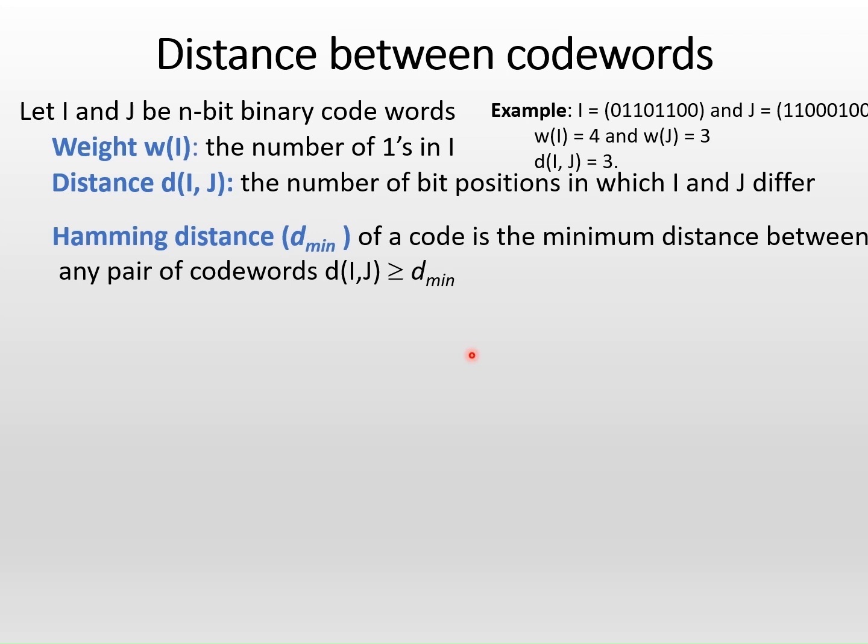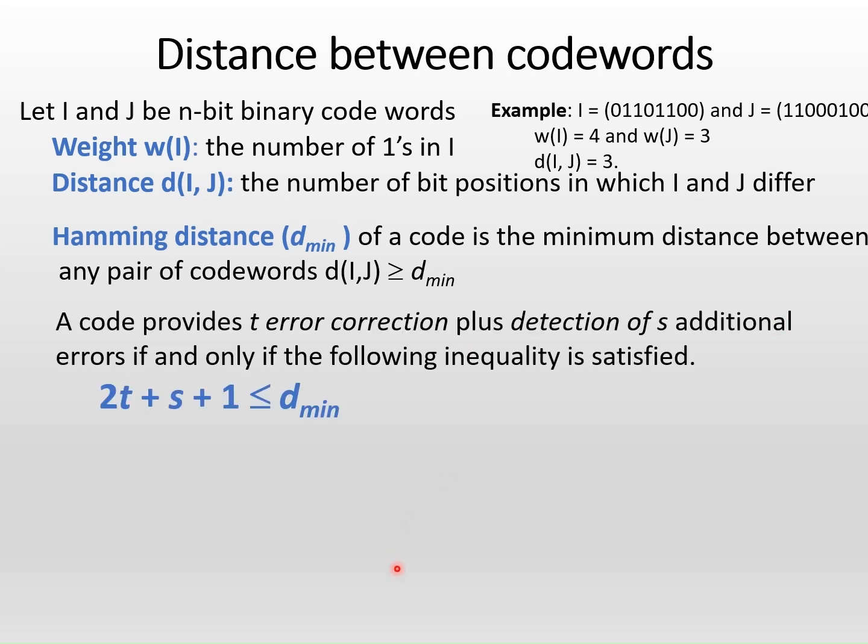Depending on this distance, you can say how many errors can be corrected and how many errors can be detected. That is given by this formula: 2t plus s plus 1 has to be less than or equal to d_min, where d_min is the Hamming distance.